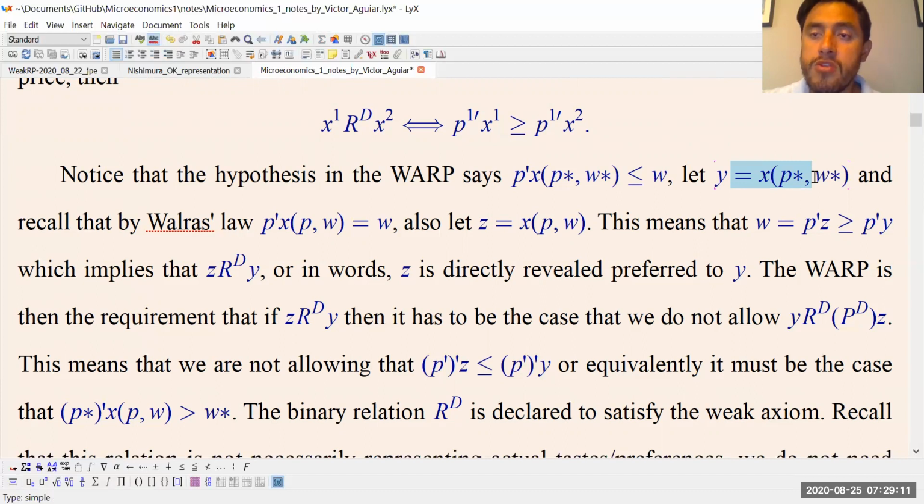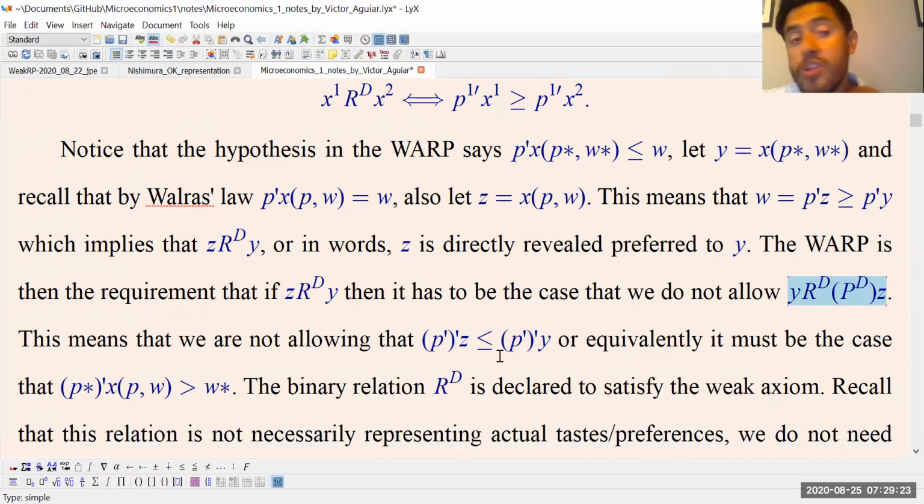They cannot flip and suddenly prefer Y over Z. So you do not allow that Y is better than Z in the strict sense. It has to be, in terms of budgets, that the original demand level is no longer affordable. So you don't pick it because you cannot purchase it anymore: at P star, W star, X(P, W) is no longer affordable.